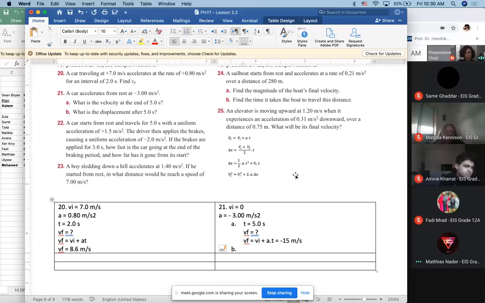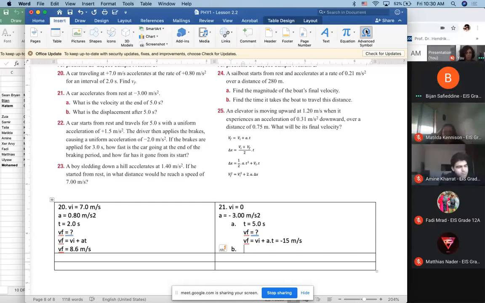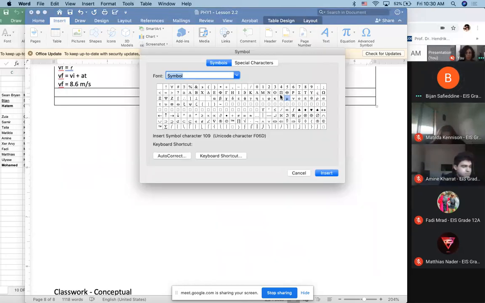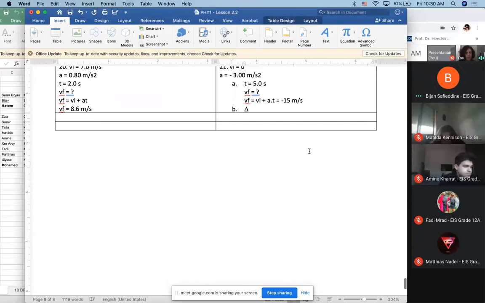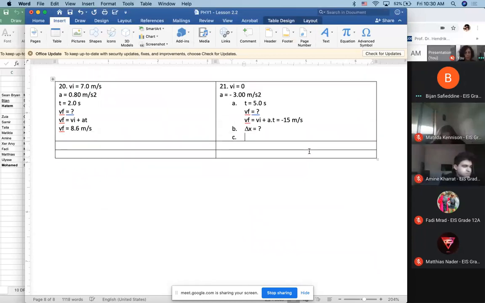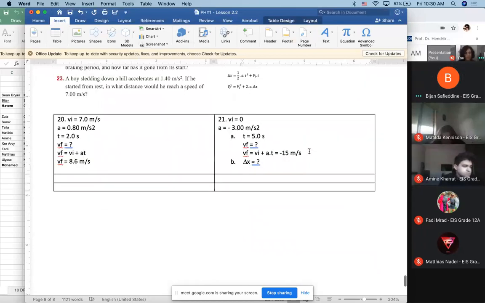What do they want? So we have, what is the displacement after 5.0 seconds? So displacement is delta x, right? Yeah. Any equation you would like to use for delta x? We can go up.